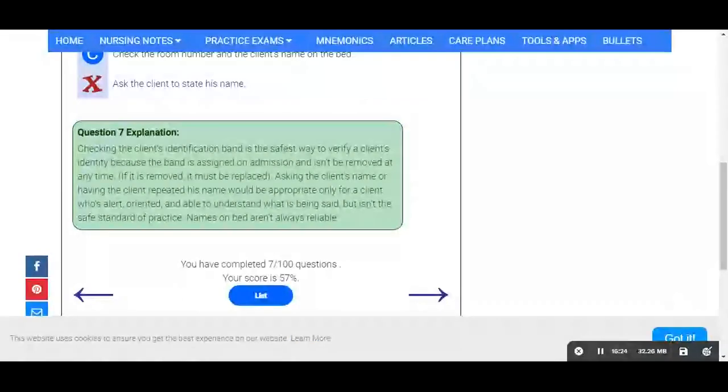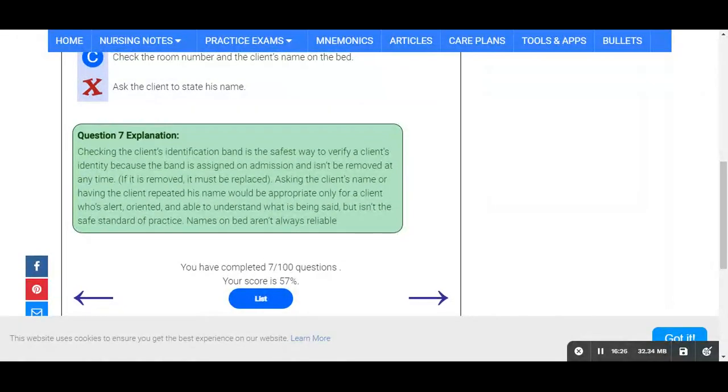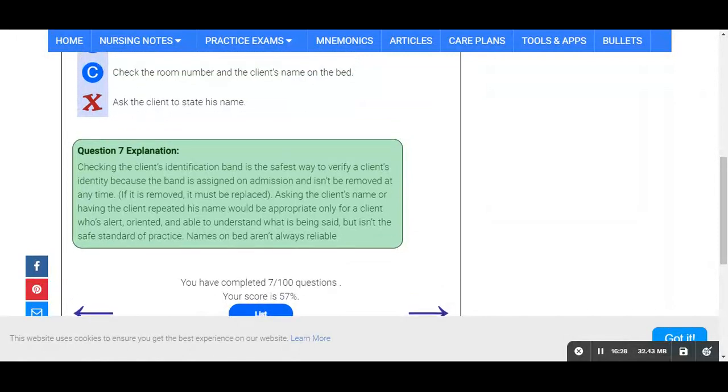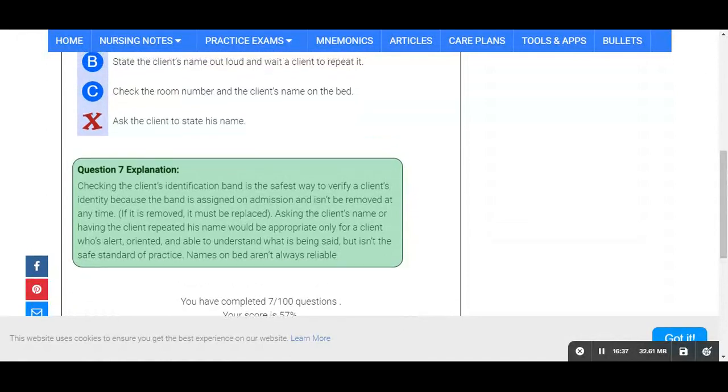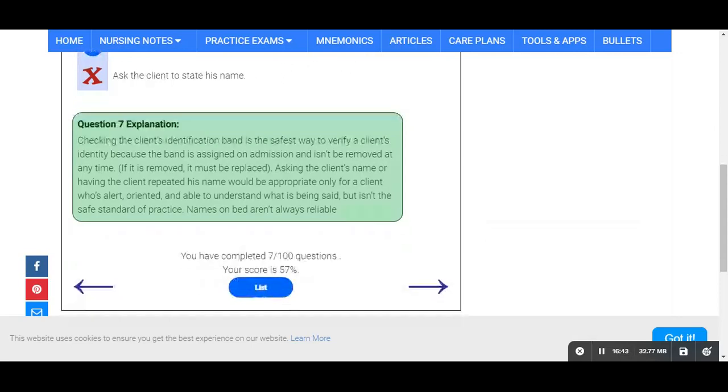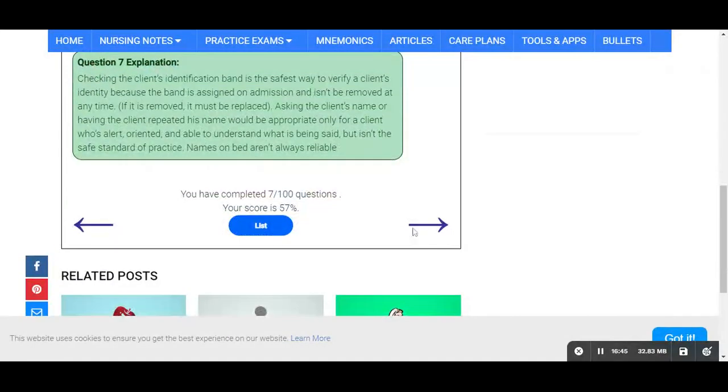Names on the bed aren't always reliable. That is very true. I agree with this. Asking the client might be the best way to verify, but it's not the safe standard of practice. So we learned here that the client's identification band is actually the safest way because it is attached to them since the admission.